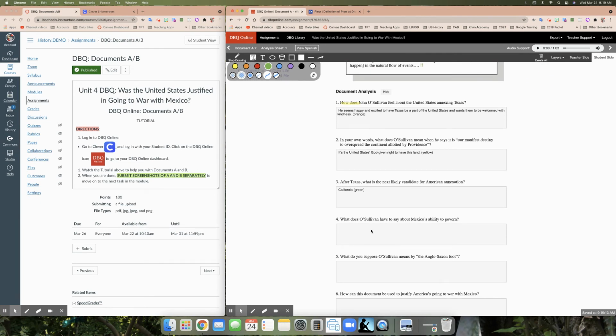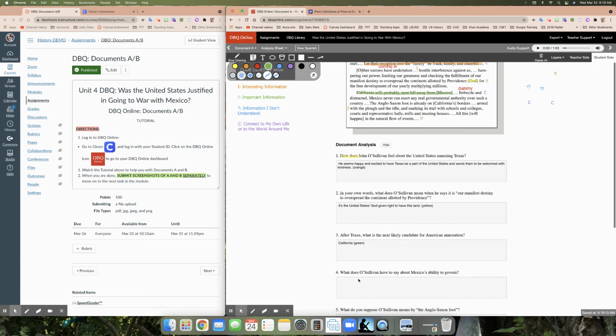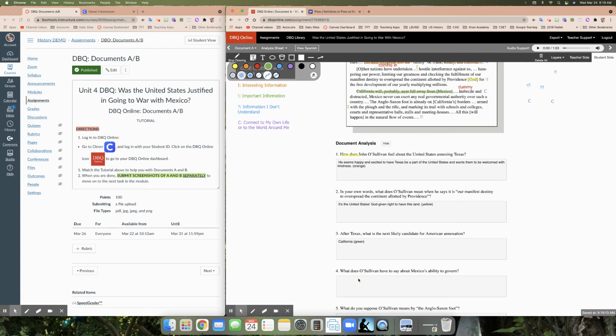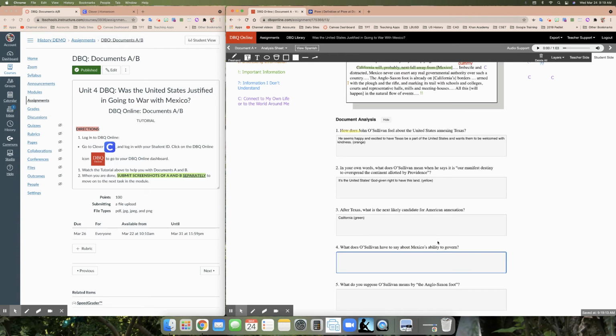What does O'Sullivan have to say about Mexico's ability to govern? And it says it right here. They're imbeciles and they're distracted, and they can never exert any real government authority over such a country. So I'm just going to put that in quotes. I'm just going to copy that sentence.